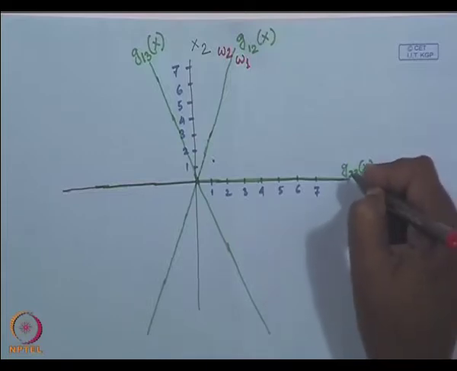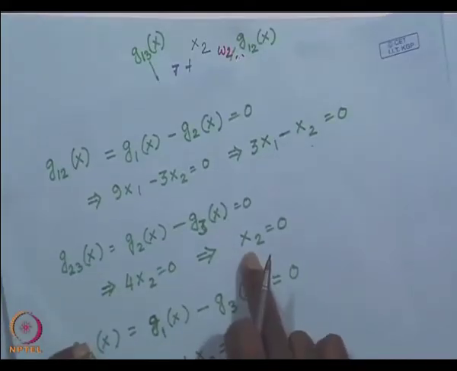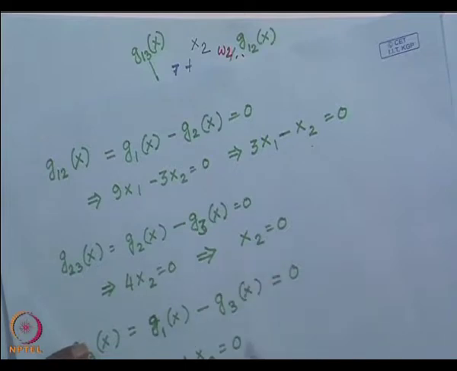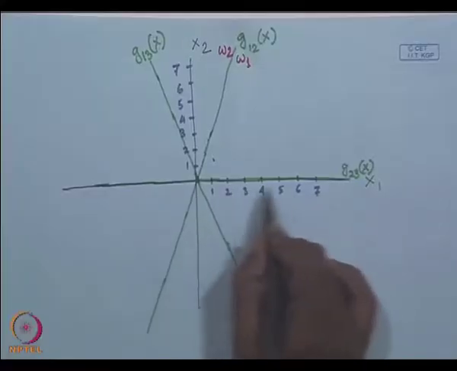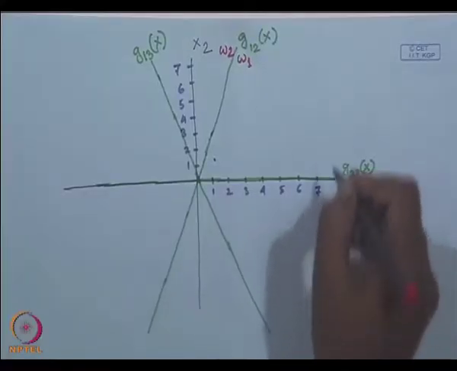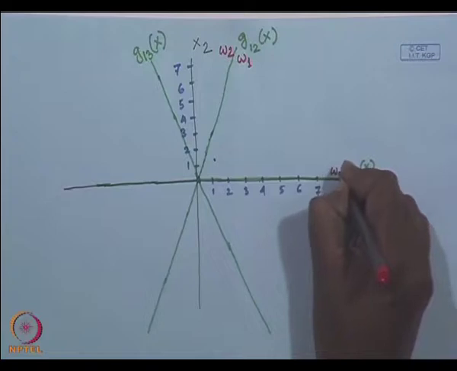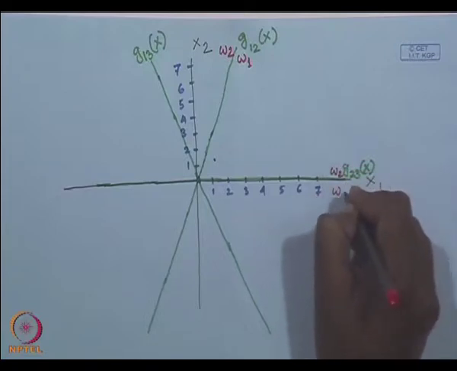Similarly, when I consider this G23 x, as G23 x is nothing but x2, whenever x2 is positive, that side belongs to omega 2. Whenever x2 is negative, that side belongs to omega 3. So, considering this decision boundary, this side belongs to omega 2, this side belongs to omega 3.